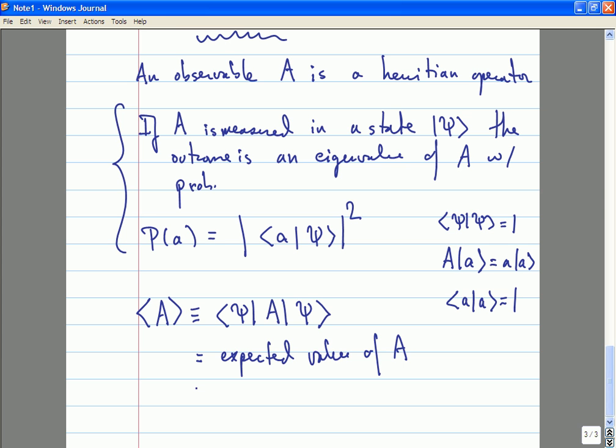So to see why this is true, all we need to do is remember that 1 is equal to the sum of the projection operators onto the eigenstates of A. So let's just insert a 1 here and insert a 1 there, and what do you get? Well, you get a sum over n of psi with a_n times a_n with a_m, where we're also summing over m because we're inserting 2 ones of the projection operator onto a_m.